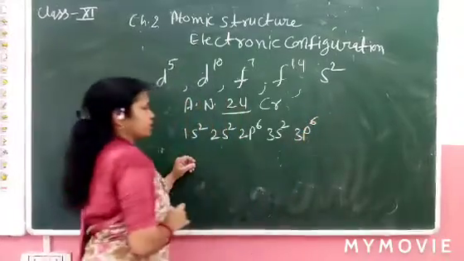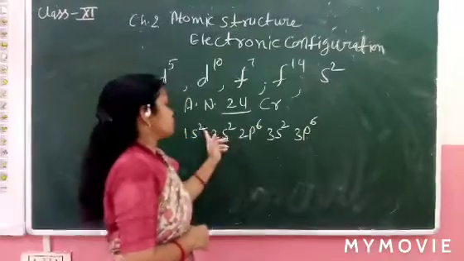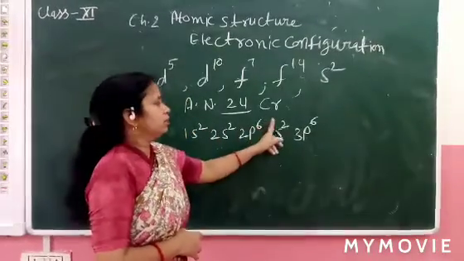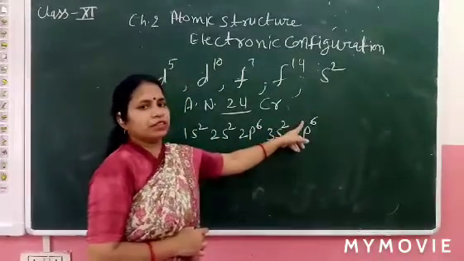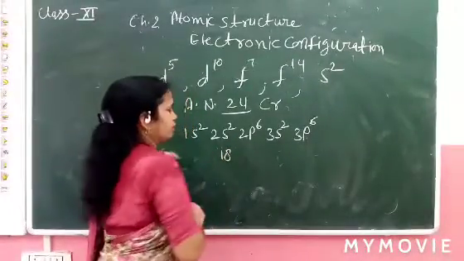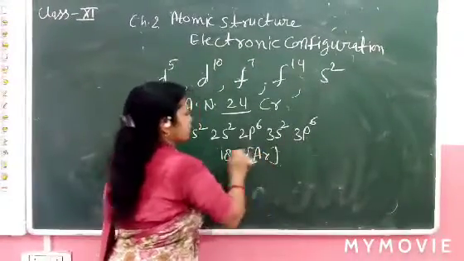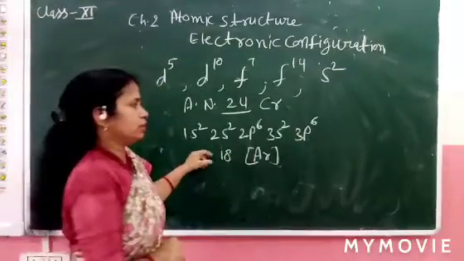How many electrons are there? 2, 4, 6, 10, 2, 12, 18. What is the atomic number here? 18, and 18 represents argon. So you can write it like this, argon.